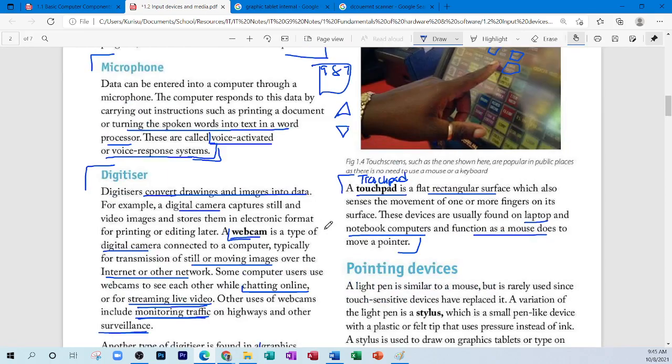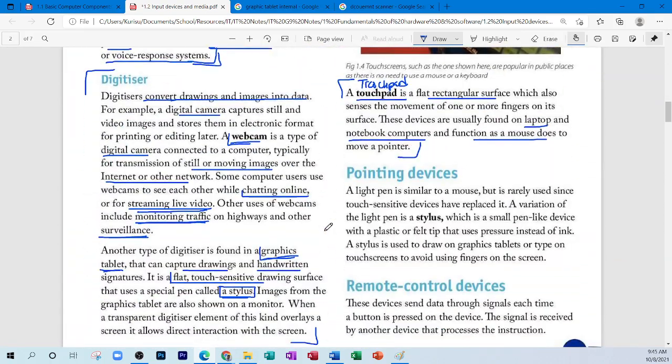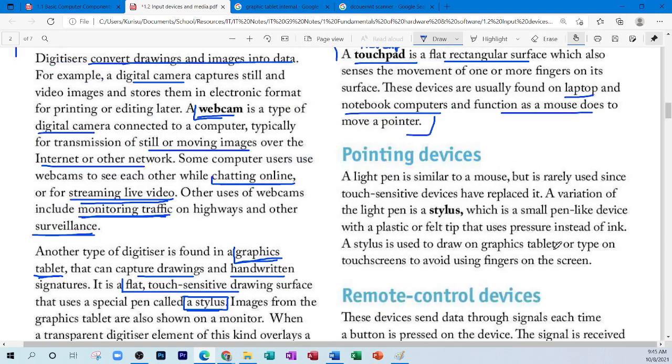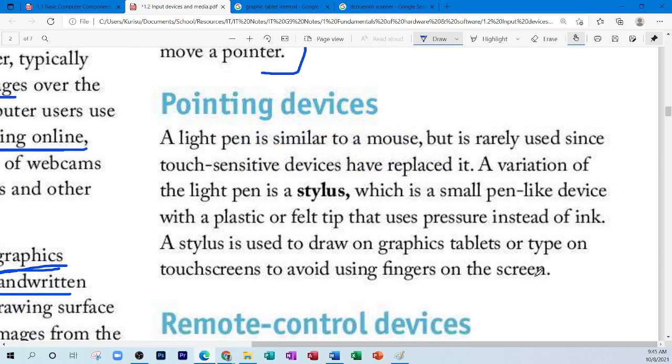Great, so those are two touch sensitive devices. Any questions and input before we move on? Alright, so our next manual input device is the pointing device.